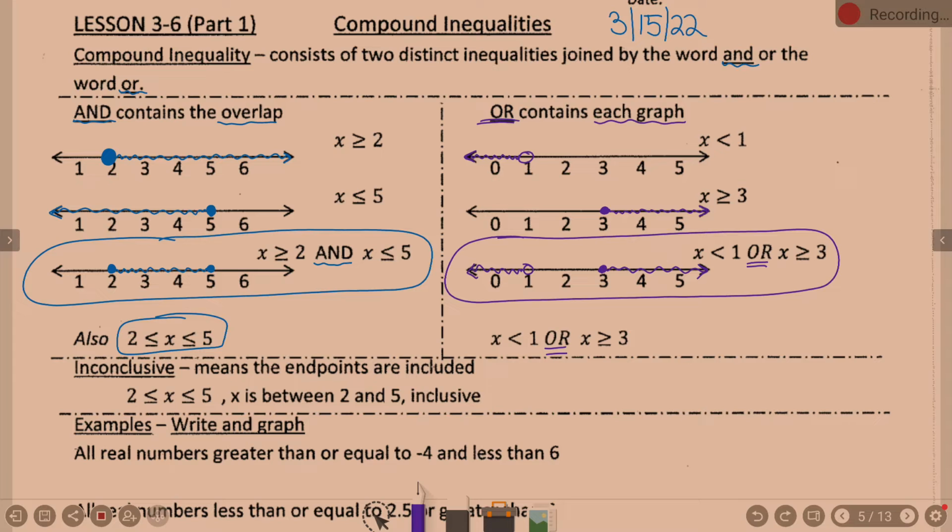Now, the only way you can write an or statement is by putting the word or in between. You cannot combine it into one joint statement like I could over here with the and statement. So that's a little bit about compound inequalities.